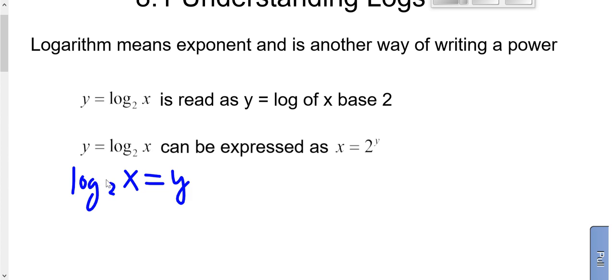So if you want to get rid of the log, you move the base of the log to the other side. So this one goes here, which bumps the y into an exponent. So that means x equals 2 raised to the power of y. Isn't this what we have?